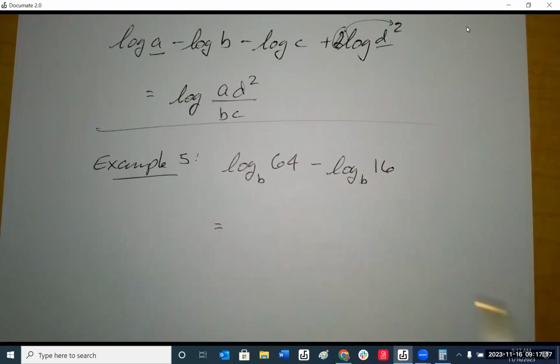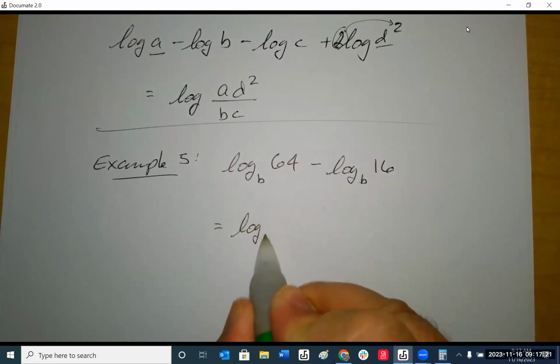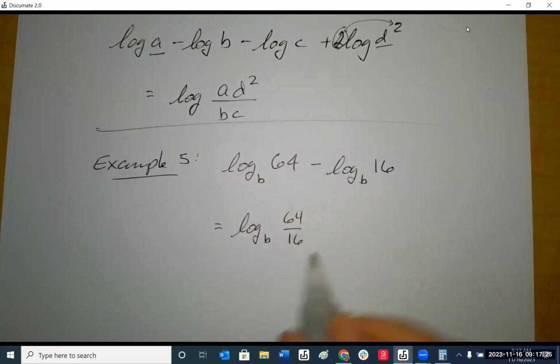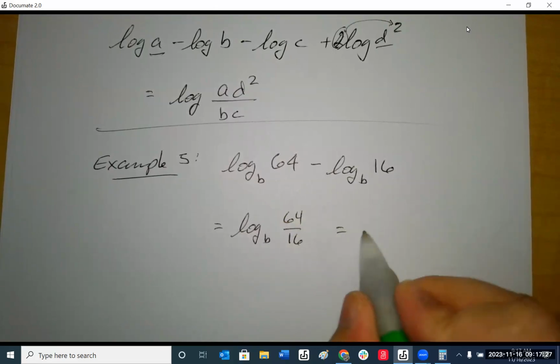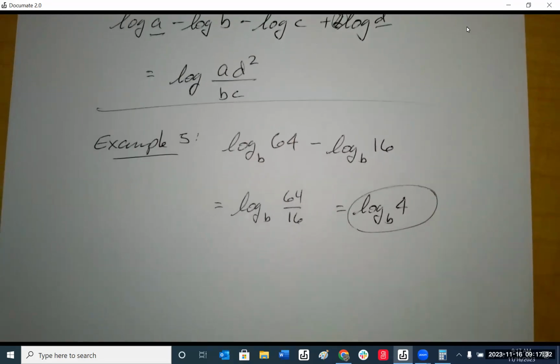So what's the answer going to look like? Which becomes what? Very good. And that's your answer.